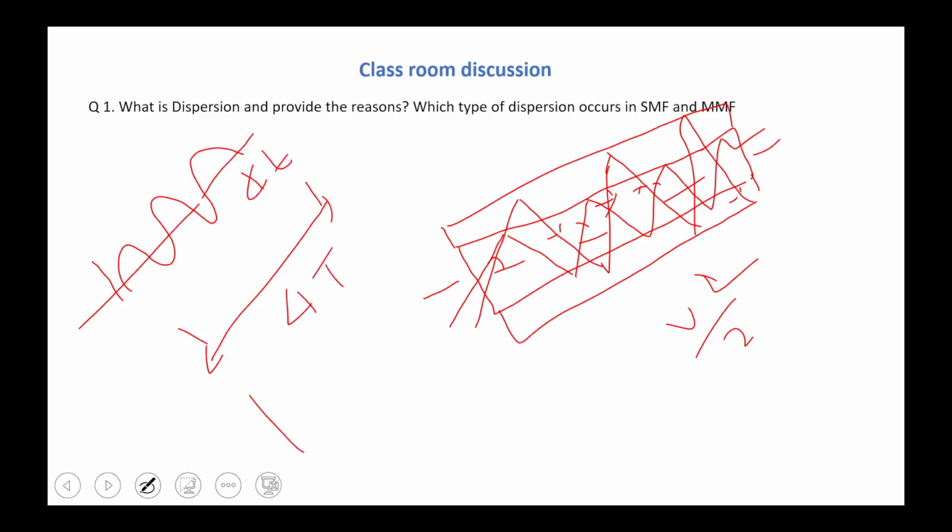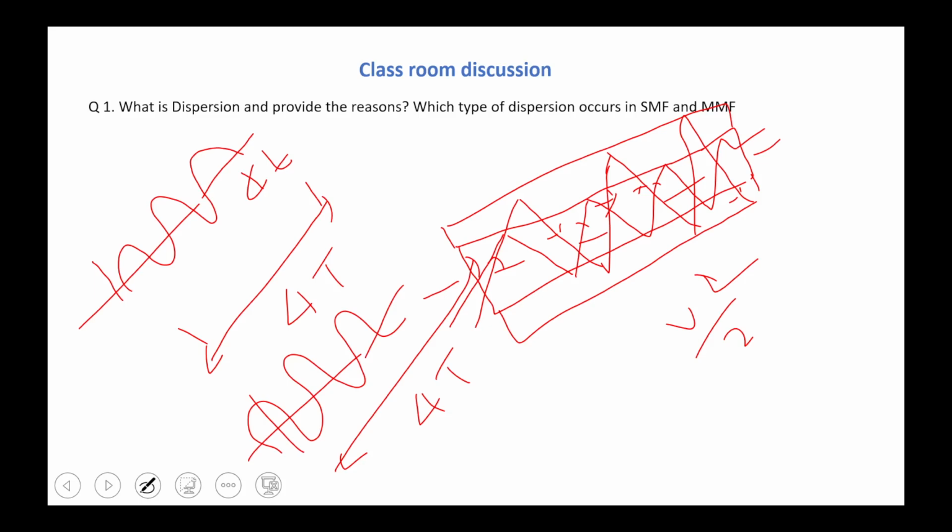Another pulse travels like that, and it has delta t. So in that case it has some extra. How can we minimize that?